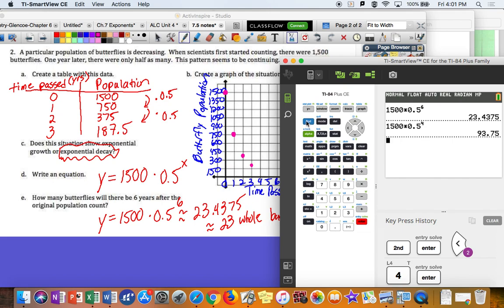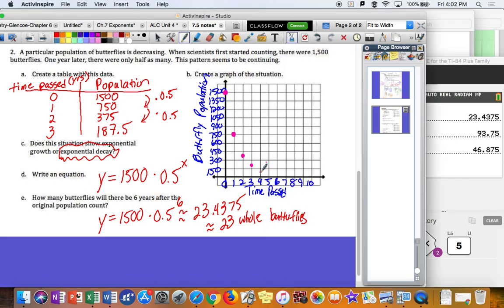And if I do that again and do the power of 5, that gets me 46.875. So about 94 and about 47. And we can see this is really getting very, very close to 0 here.